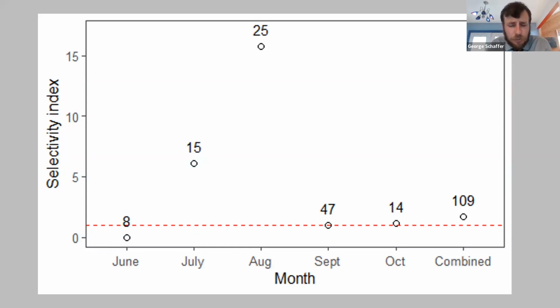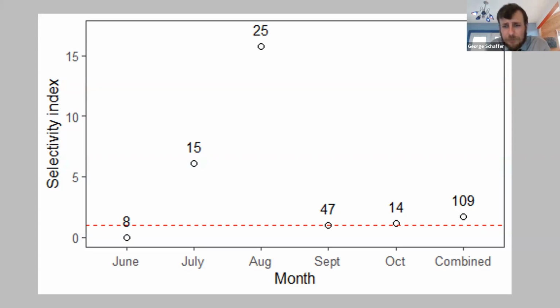Looking at our results, in June we saw a selection against high quality habitats, and we think this was most likely due to the low detection size, or low sample size, with the low amount of high quality habitat available. But in July and August, we see a strong selection for high quality habitat within the river.